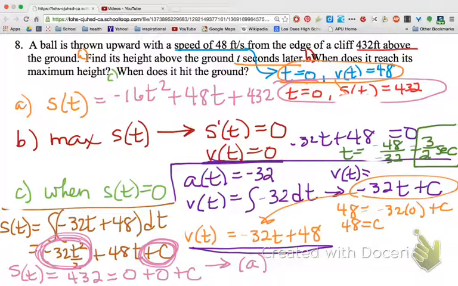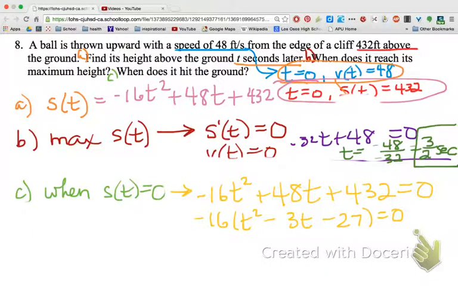And then for part C, I wanted to know when does position equal 0. So I set the position equal to 0, and then I factored, and oh boy, right, well, I took out a negative 16, but this isn't going to factor, which means no way, I have to use quadratic formula.